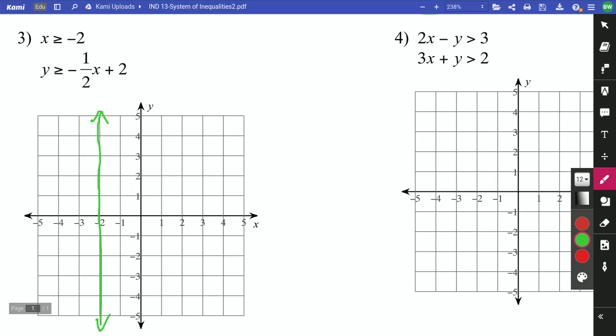So everywhere where x is larger than -2, so that's to the right. See, the up or down idea does not work when there's no y in the inequality. There's only x. So we have to say, well, is it to the right or the left that we want to shade? And we want to shade to the right because x is always greater than -2. So let's shade that. Everything to the right.